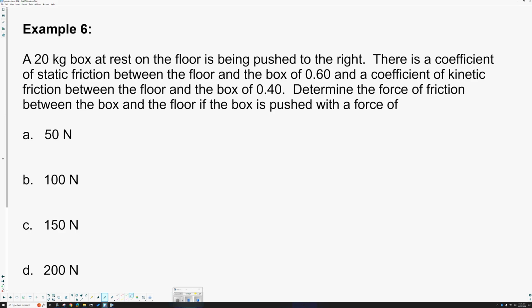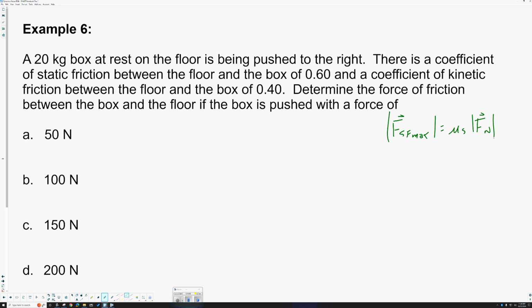I'll tell you what, let's calculate over to the side here. Let's calculate F_s max. Just bear with me on this one for a second. Mu s times the normal force, right?